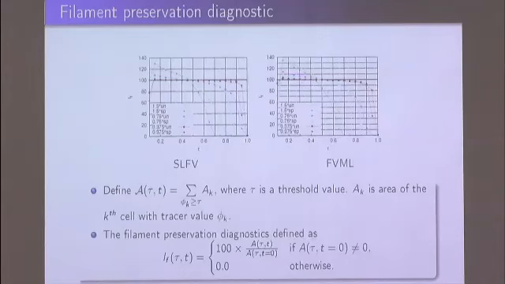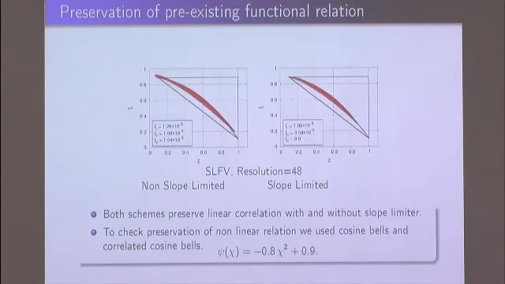If we are in a non-divergent flow, this ratio should not change and should be constant, but that is not the case for Eulerian schemes most of the time. And these are the results for SLFB and FBML.